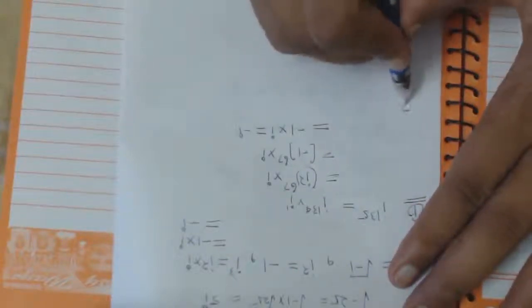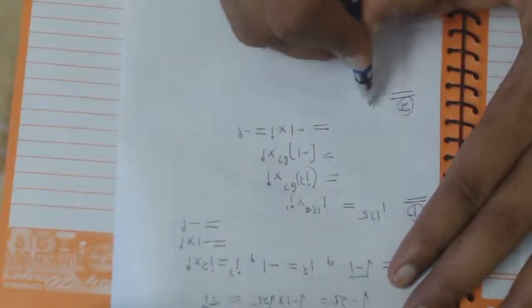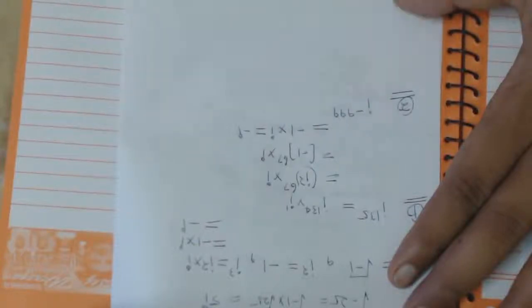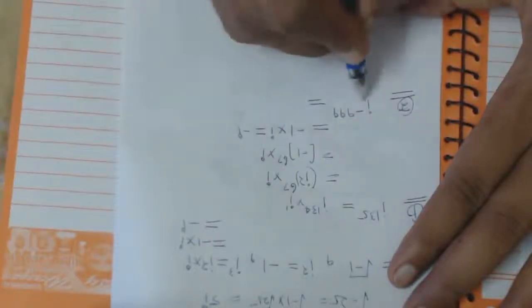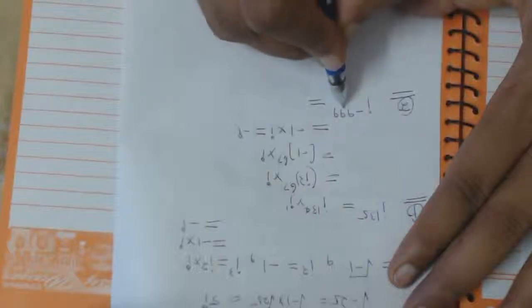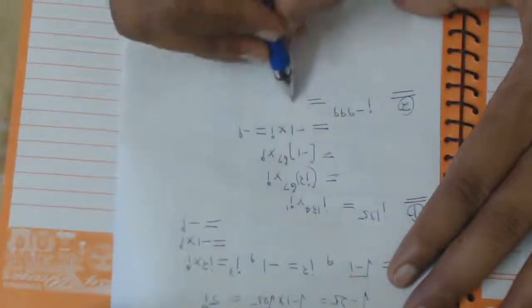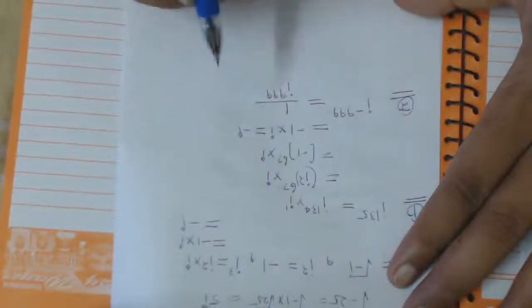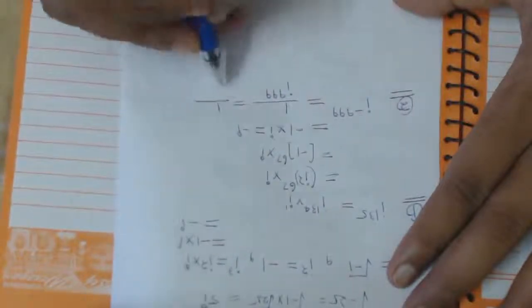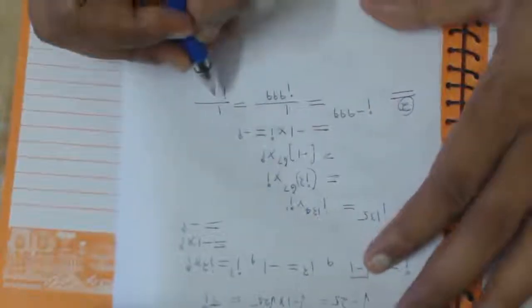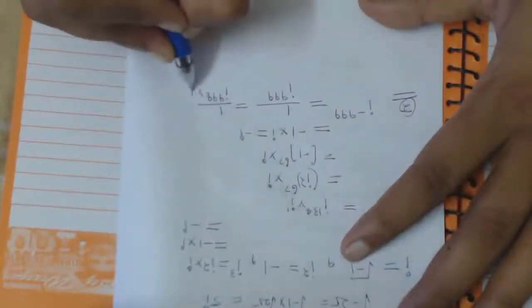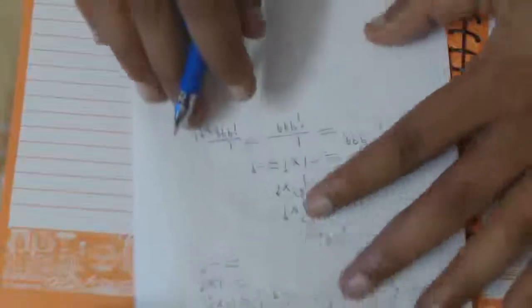Okay, again another example I am taking: iota raised to the power minus 999. So iota raised to the power minus 999 gives you 1 over iota raised to the power 999, which is 1 over iota raised to the power 998 into iota raised to the power 1.